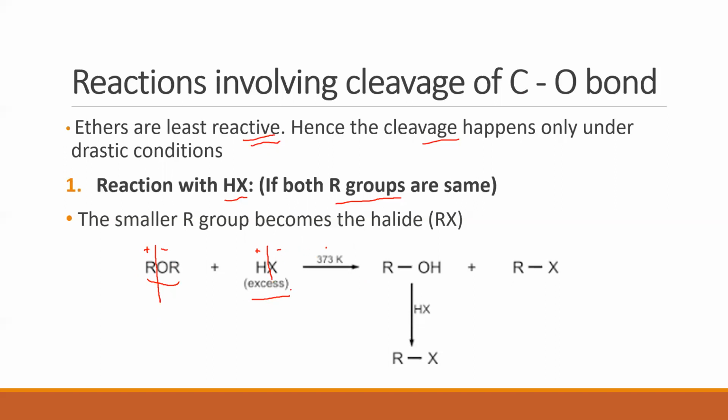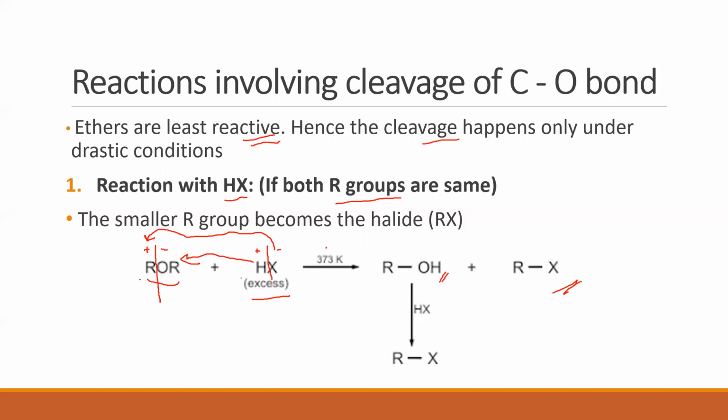So who will attack whom naturally? Yes, X will attack this R, which has the positive charge. H will attack this group, which is negatively charged. If that attack happens, what do I get? Yes, this will become RX, which is shown here. This will become ROH, which is shown here.